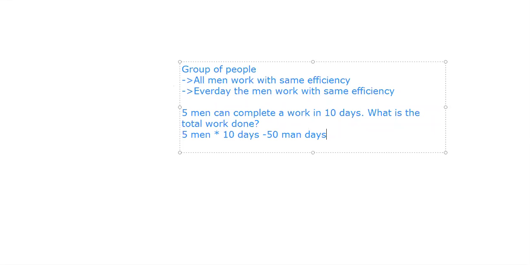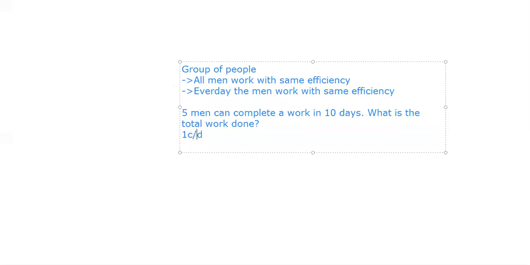Okay, now when it is like this, we don't get the concept, or the crux of what is happening here. We are multiplying the number of men and the number of days. How do men and days give me this much amount of work done? We saw efficiency into time taken equals total work done, but it is saying 50 man days. So we don't get clarity, right? Let's understand it from another perspective. As I told you, my first assumption is every man works with same efficiency. Now I assume the men's efficiency is eating 1 chocolate per day.